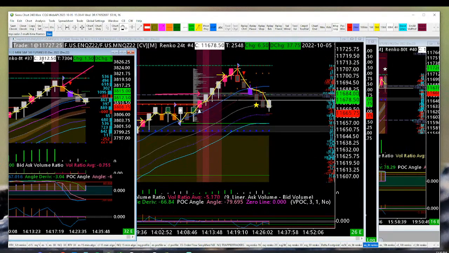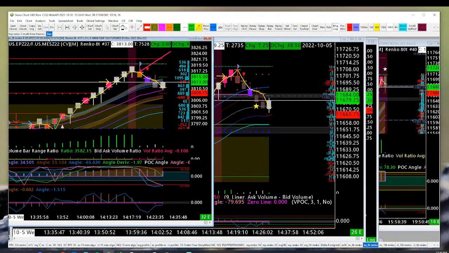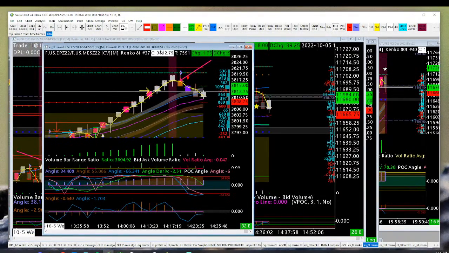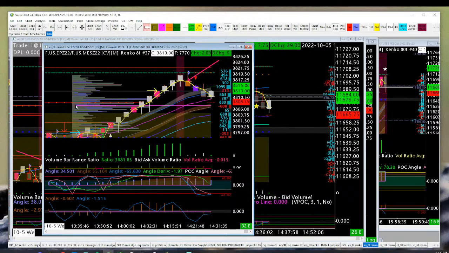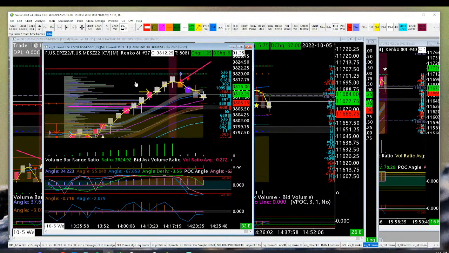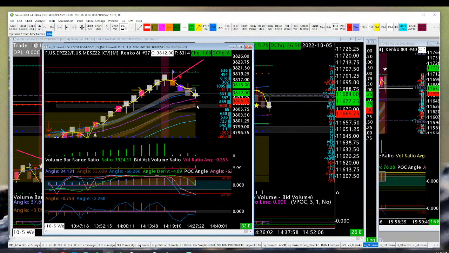Let me draw the volume profile here. Fuck, they're not going to get that third close. See that? They're defending that. Okay, so this one, where's all the volume on ES? Right there. So this is where the volume is on ES, in this gray line.